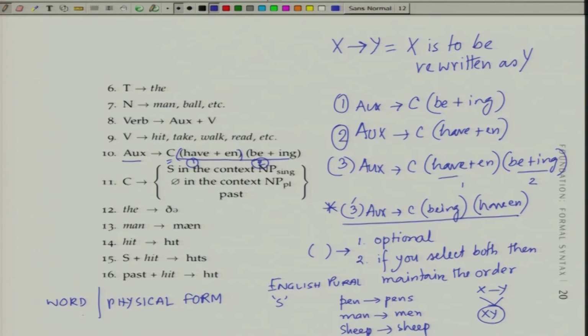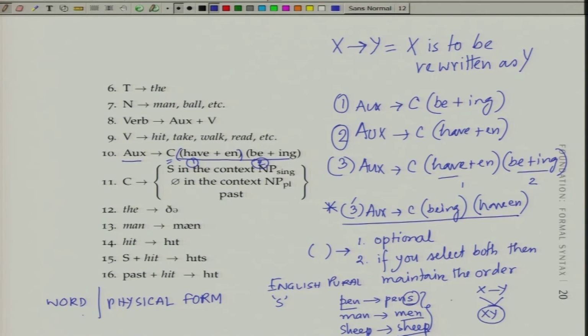What does it mean? It means that the morpheme added may or may not be physically manifested in a similar way.